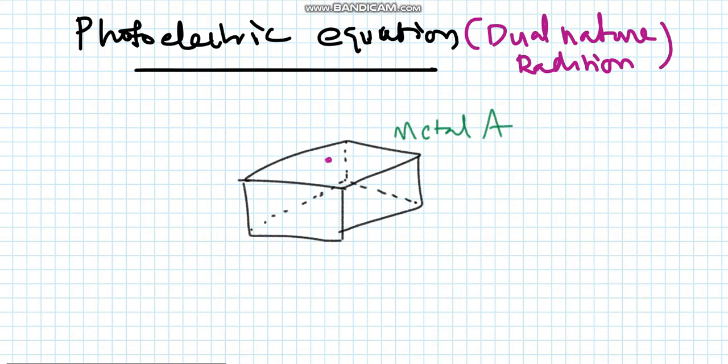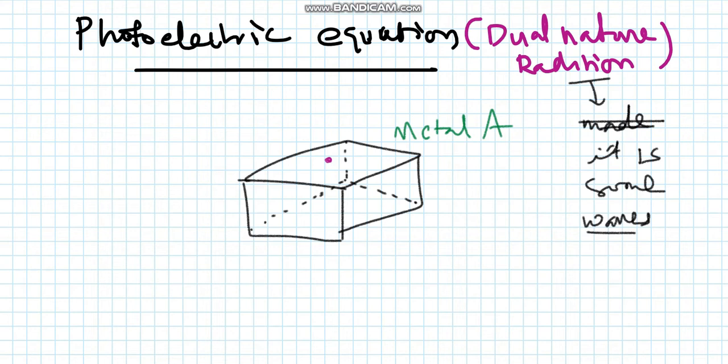In the previous chapter we studied that light is some sort of waves.